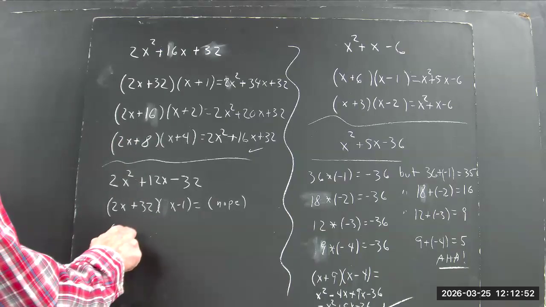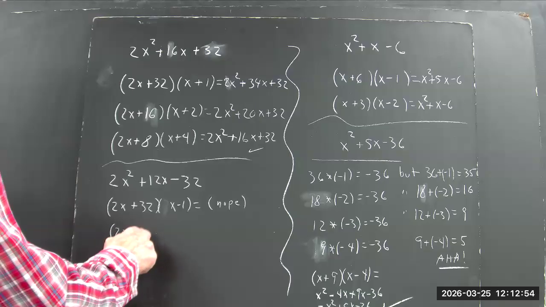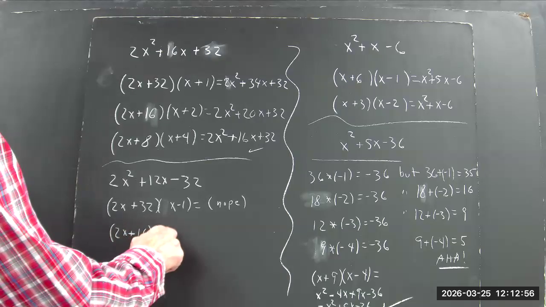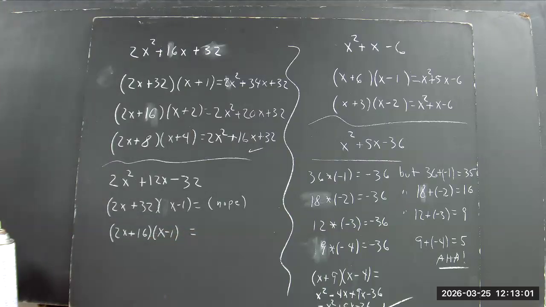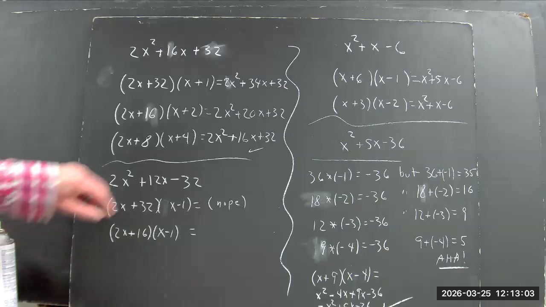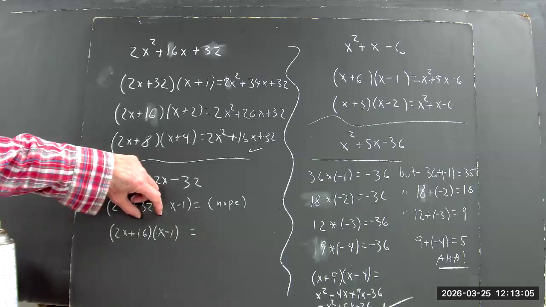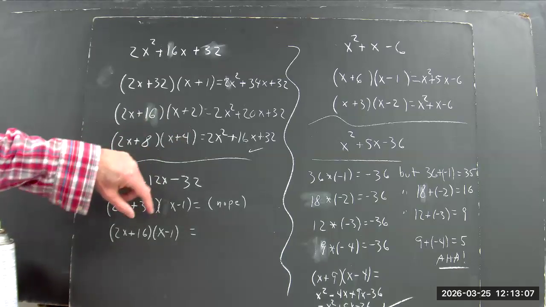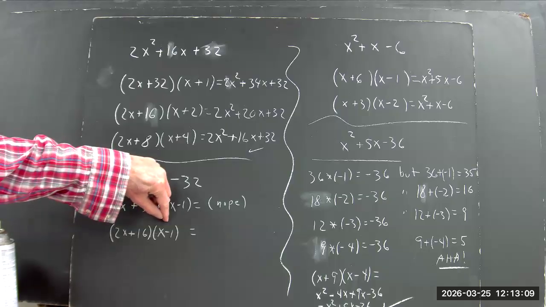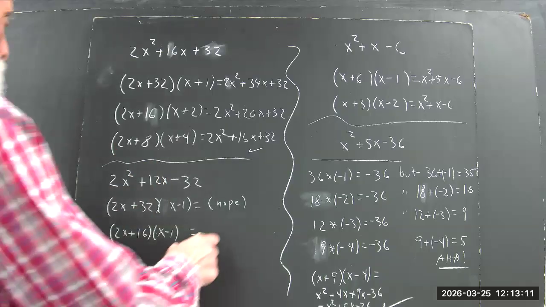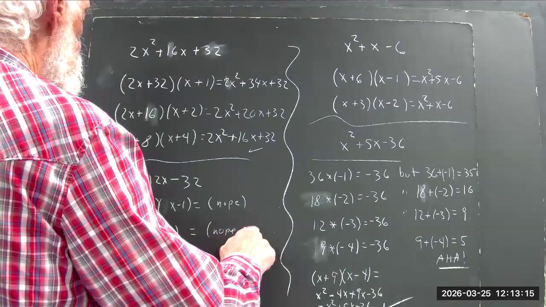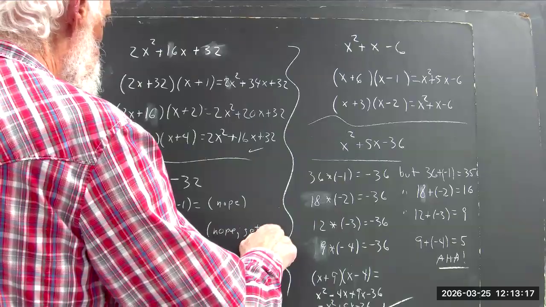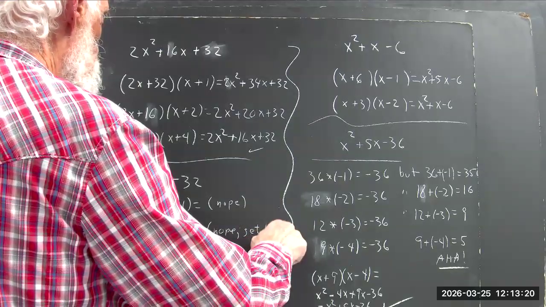So we try 2x plus 16 times x minus 1. And you get 16x. 16 times x is 16x. And then the 2x times minus 1 is minus 2x. Now we get 14x.